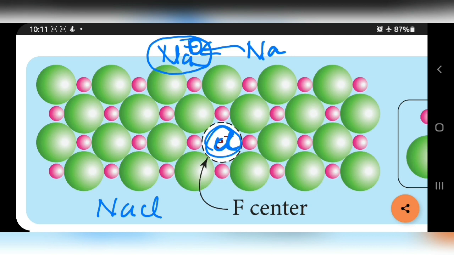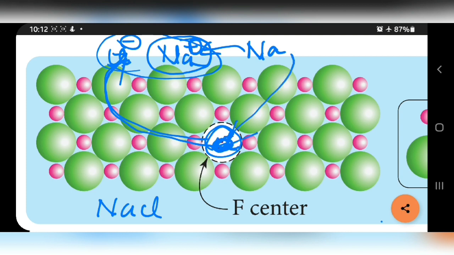This chlorine diffuses to the surface and combines with this Na plus. After moving, this place is empty because that Cl minus goes there and combines with the Na plus. The sodium loses one electron, and that electron comes here and occupies the anionic vacancy, which is called the F center.